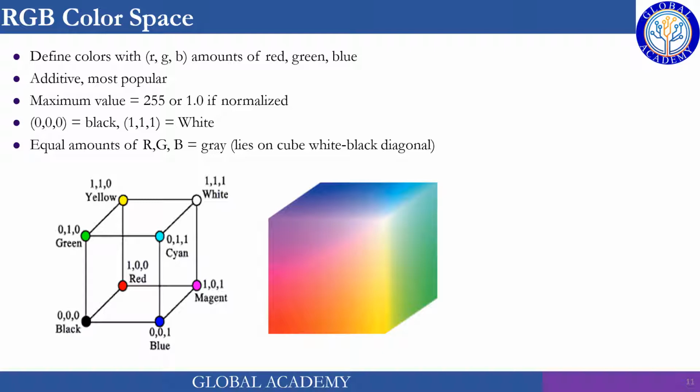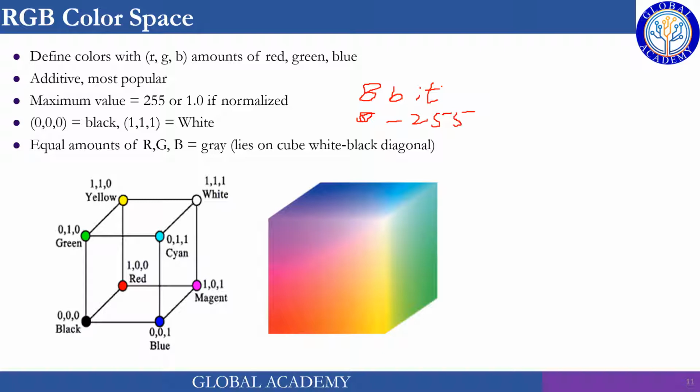Most of the time, which is in fact a standard, we use 8-bit binaries for each of red, green and blue, and using 8 bits we may have values between 0 and 255, a total of 256 values.